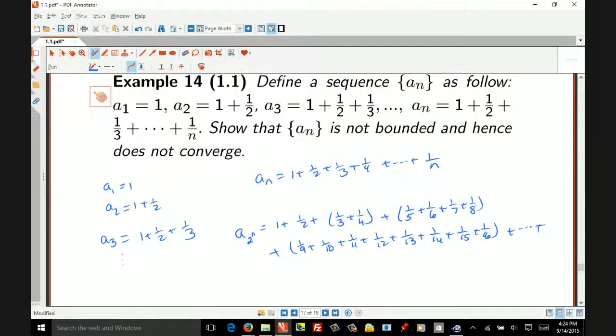And then where does this go? It's going to be 1 over 2 to the n minus 1 plus 1 plus 1 over, well, I'm not going to do all the middle parts, 1 over 2 to the n.